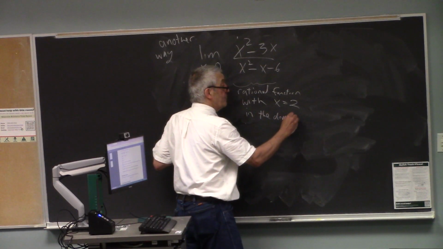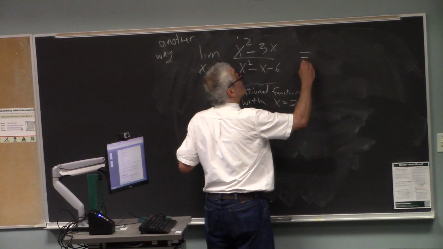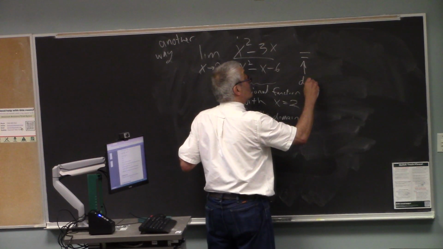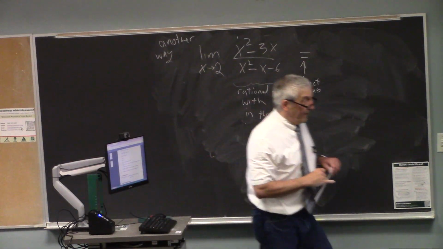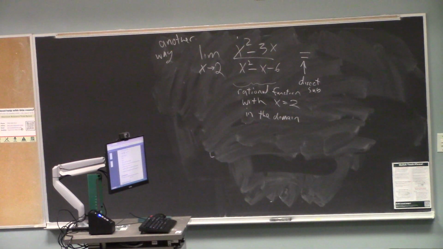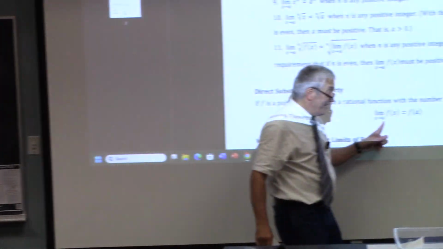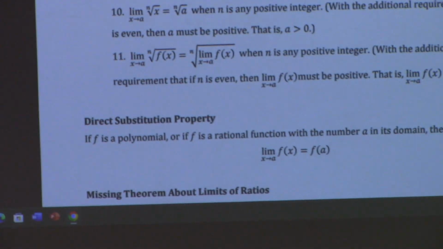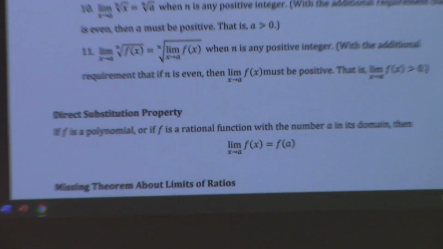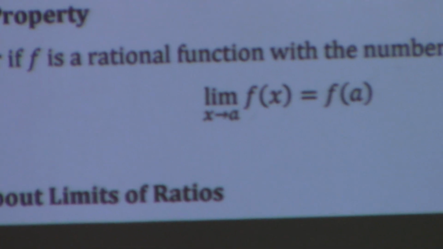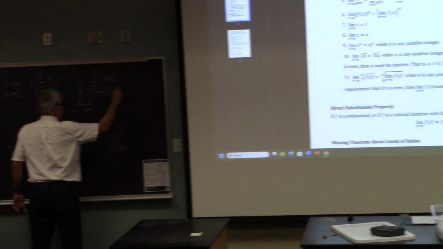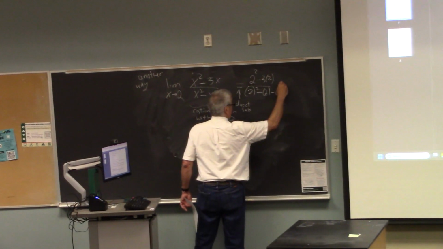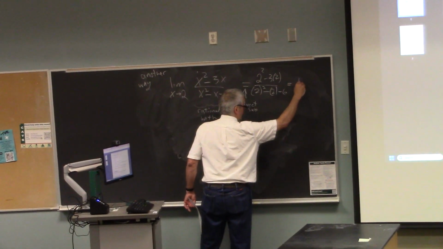So we can just, in one single step, use the direct substitution property. The direct substitution property, again, you have to verify that the number a that appears here is in the domain. Then you get to just plug it in. And you get 2 squared minus 3 times 2 over 2 squared minus 2 minus 6, and that equals 1/2.